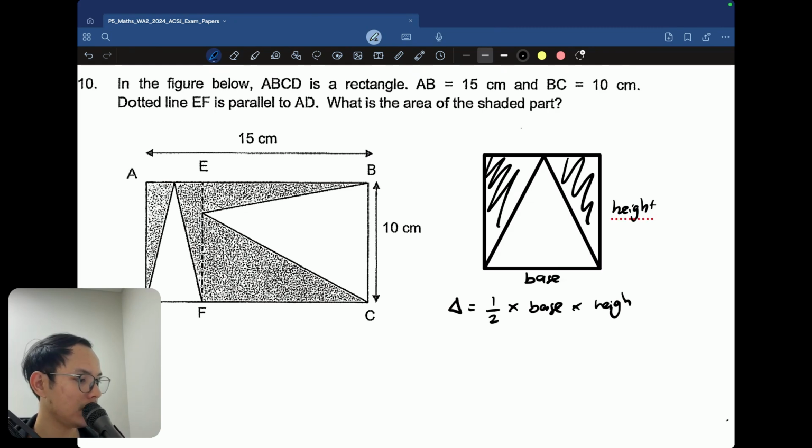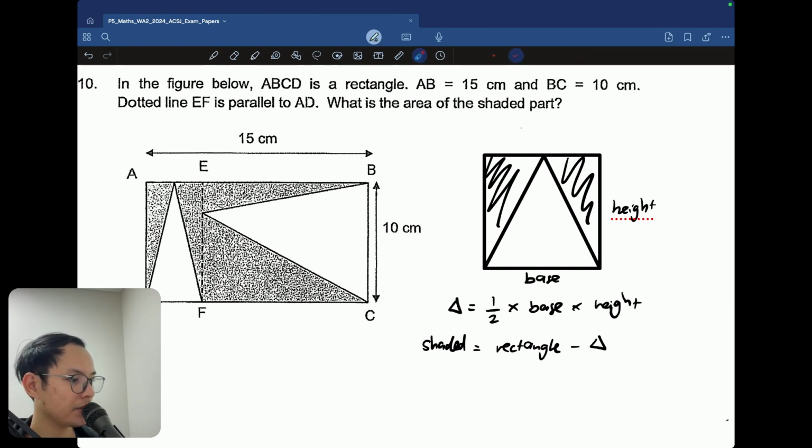What do you think the area is for the shaded area? If your answer is the shaded area equals the rectangle minus the area of the triangle, then since the area of the rectangle is base times height, the shaded area is always half times base times height. So you need to know this concept.